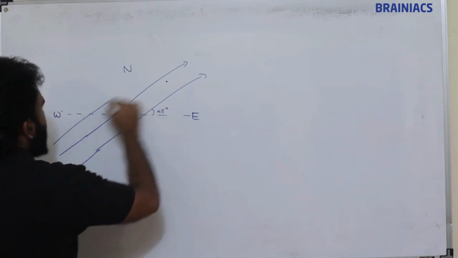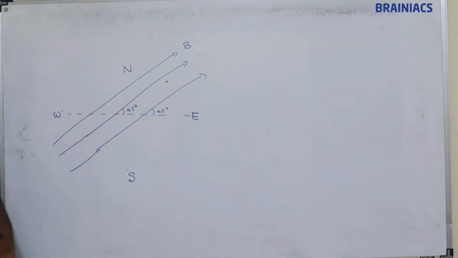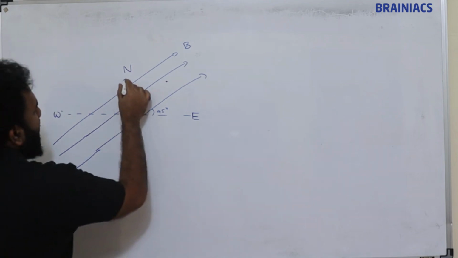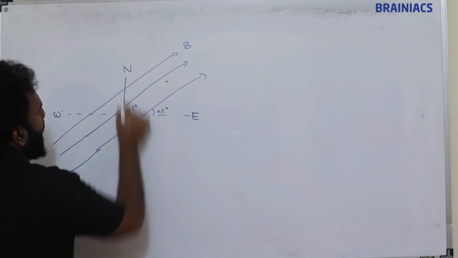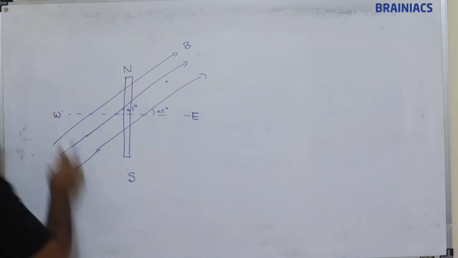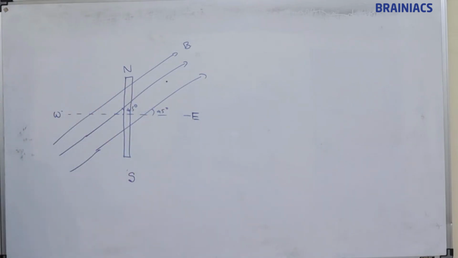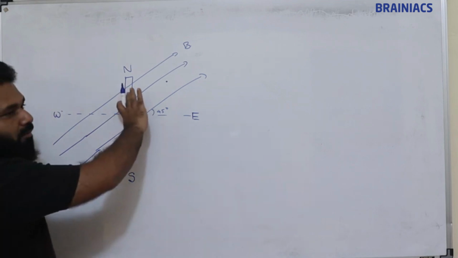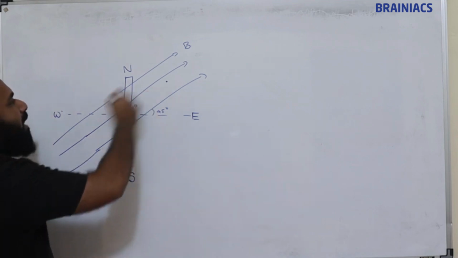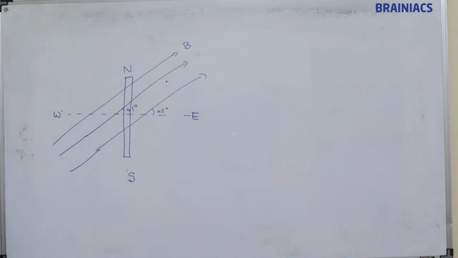So this is the direction of the magnetic field. They have kept a loop vertically in the east-west plane, and the magnetic field is going in this direction. So this is the setup we have here.